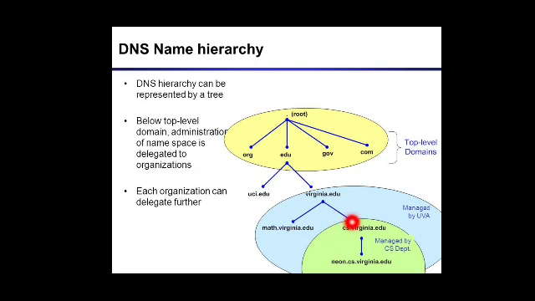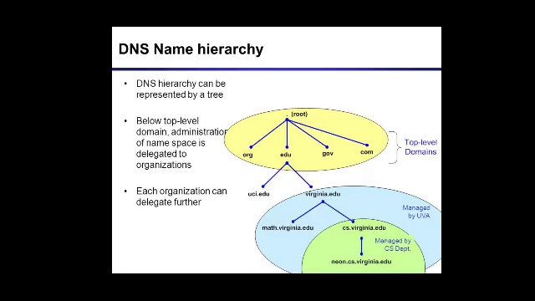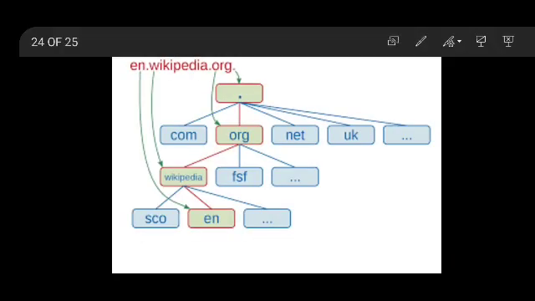If it is CS, it will go in this direction. Finally, for neon.cs.virginia, it will go in this direction, and from here it will fetch the IP address, and that IP address will be handed over to the operating system of the web browser that is requesting the IP address.